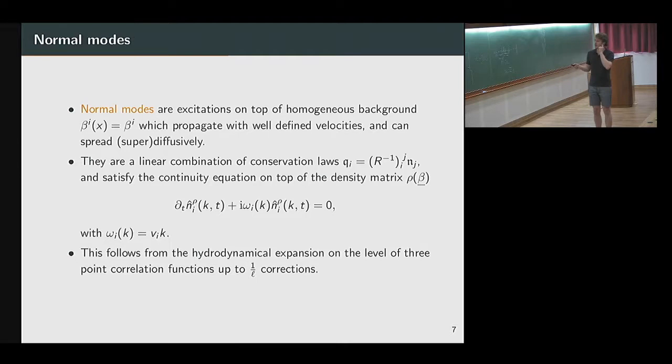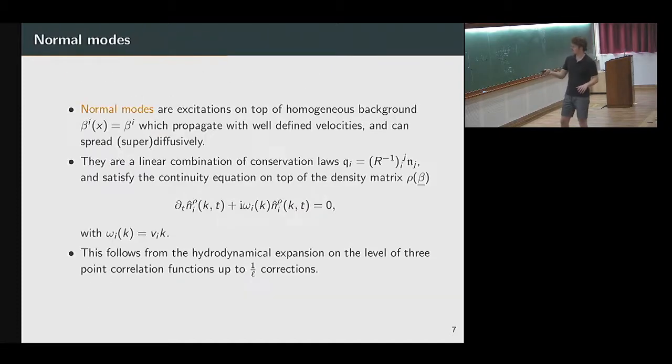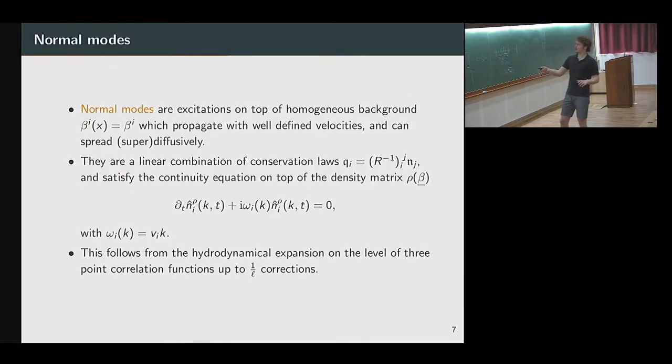And I'll actually use this equation. I'll try to argue why I can use it. I'll use this equation not only on the level of two-point correlation functions, but also on the level of higher-point correlation functions with respect to the same density matrix.